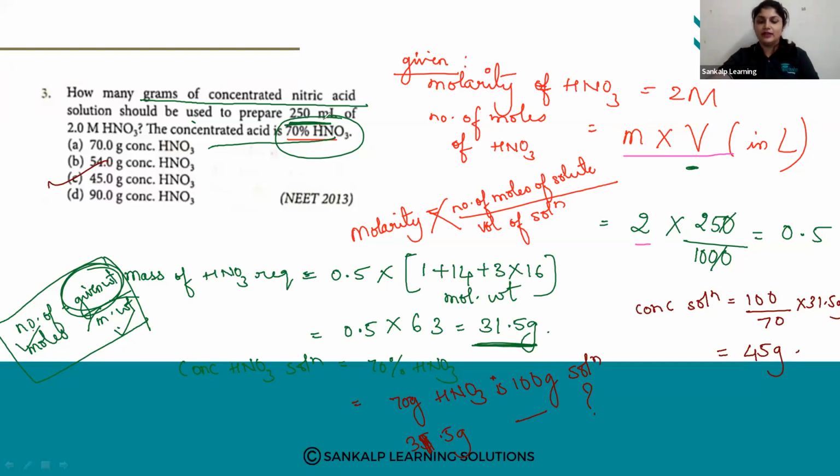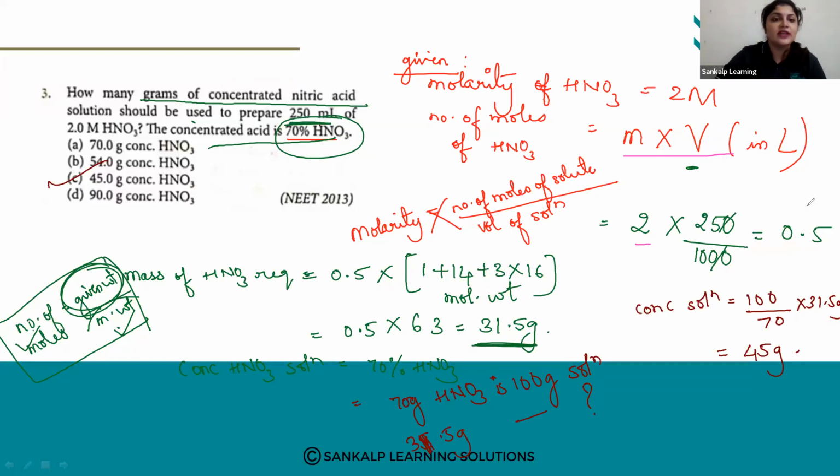Volume is given in ml, so we have to convert it into liters, dividing by 1000. So 2 into 250 divided by 1000, you get 0.5. That is the number of moles of HNO3.